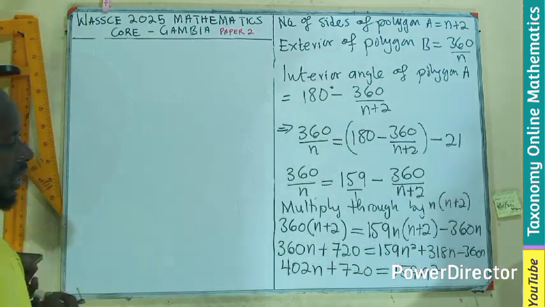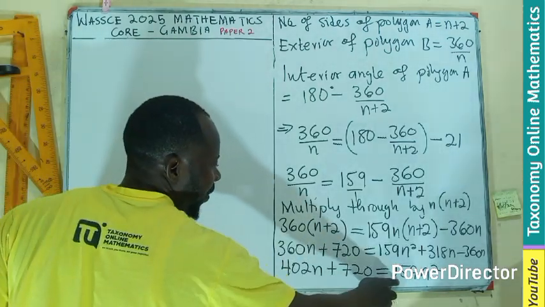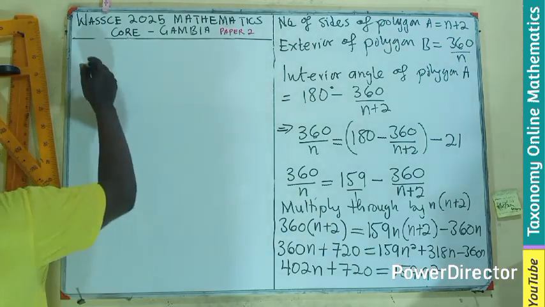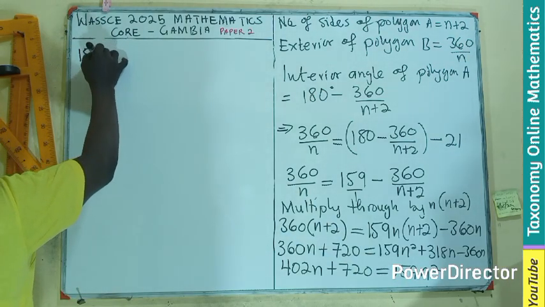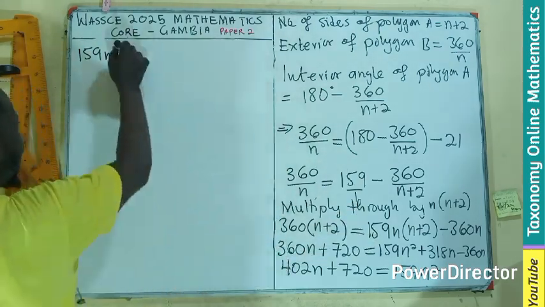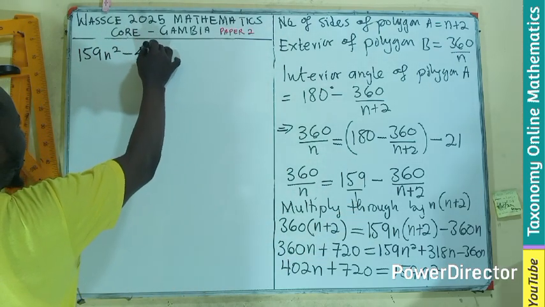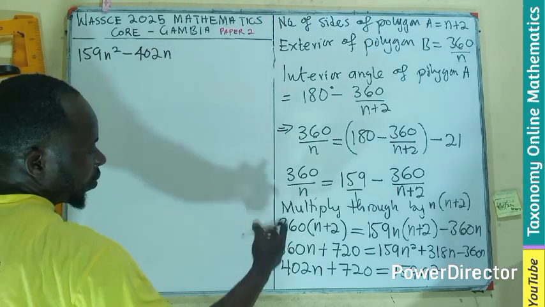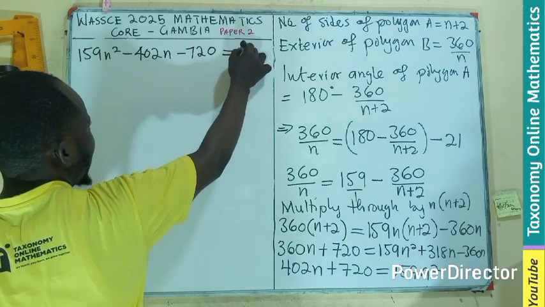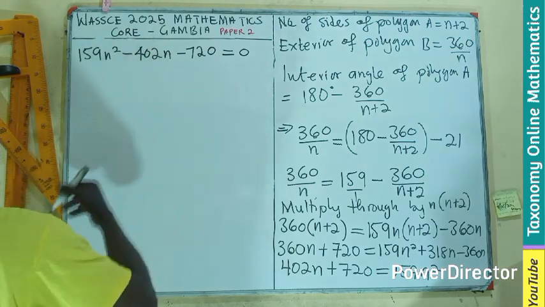So from here, let's rewrite this with n squared coming first. So 159n squared at the right. This is coming as negative 402n. This is also going there as negative 720, leaving us 0. I think 3 can divide all of them.